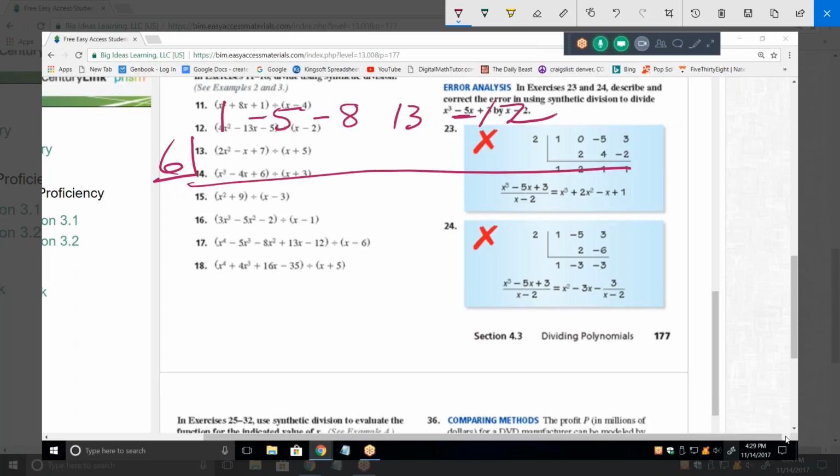I'll go ahead and do it. No, they're not going to give us one that results in that 0 remainder, are they? No. So what's my answer? Without looking at the original problem, can you tell?